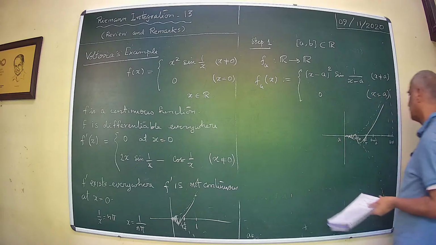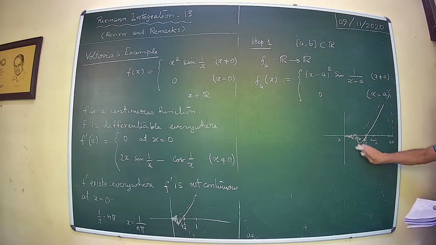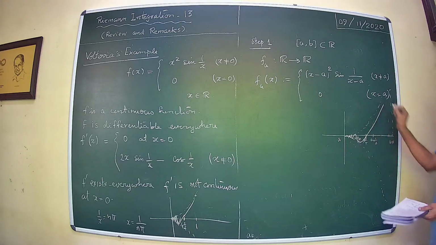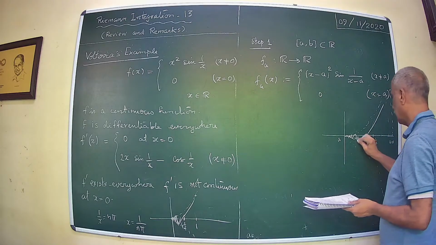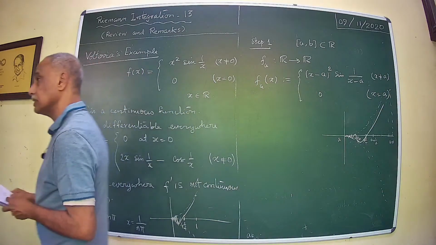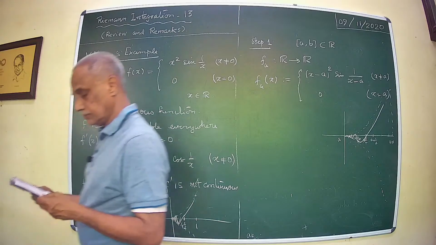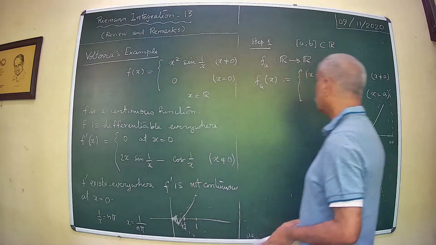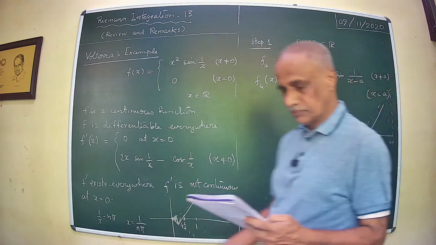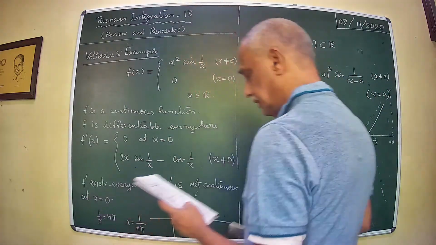This is the function. Okay. It's a nice good function, except at the point A. Except at the point A, it's a nice good function. Okay. So the next step is, having got this function, we will now define the following.